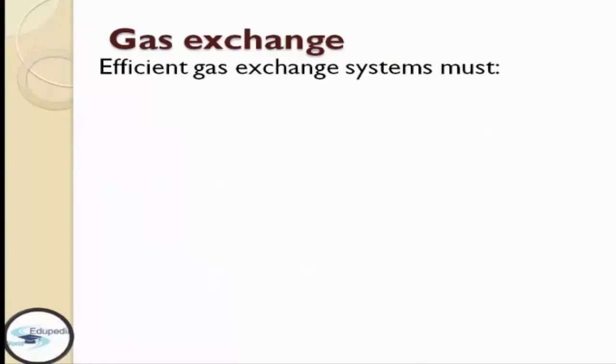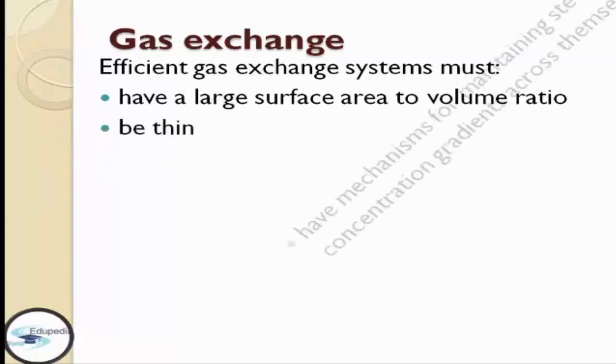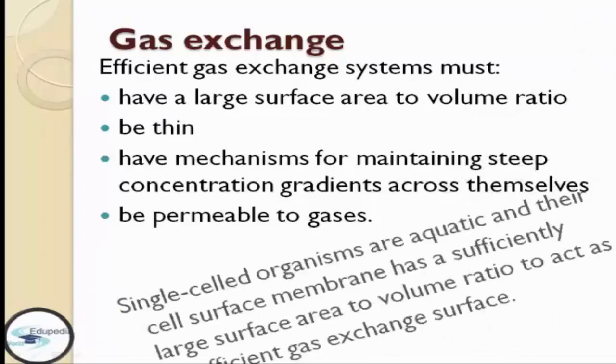An efficient gas exchange system must have a large surface area to volume ratio, must be thin, and must have a mechanism for maintaining steep concentration gradients across itself. Also, the exchange system must be permeable to gases.